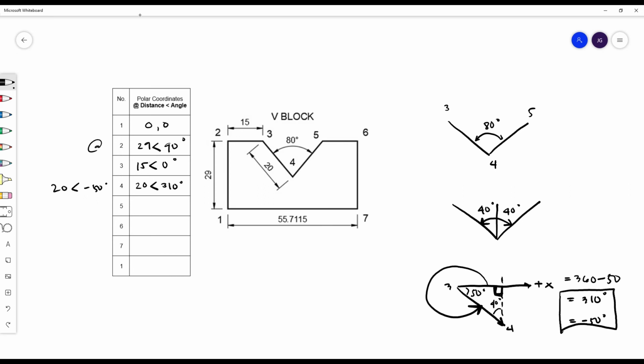And to get our fifth point, we can say that this is our positive x-axis, and we have an angle from this point towards the line, and that is 50 degrees.